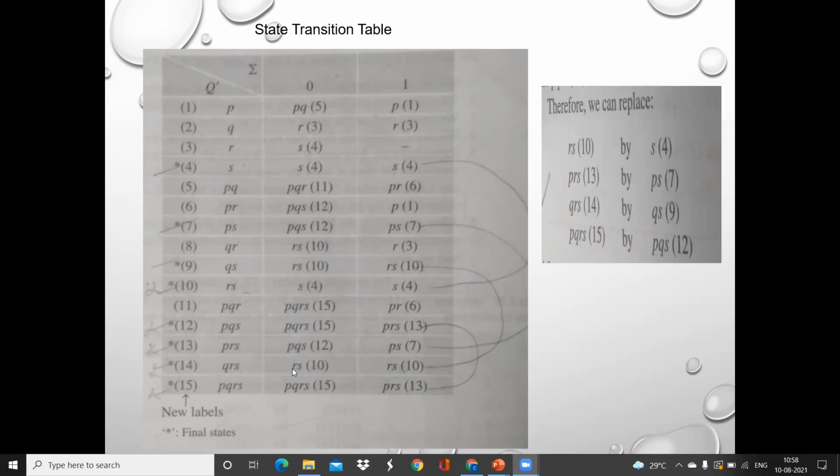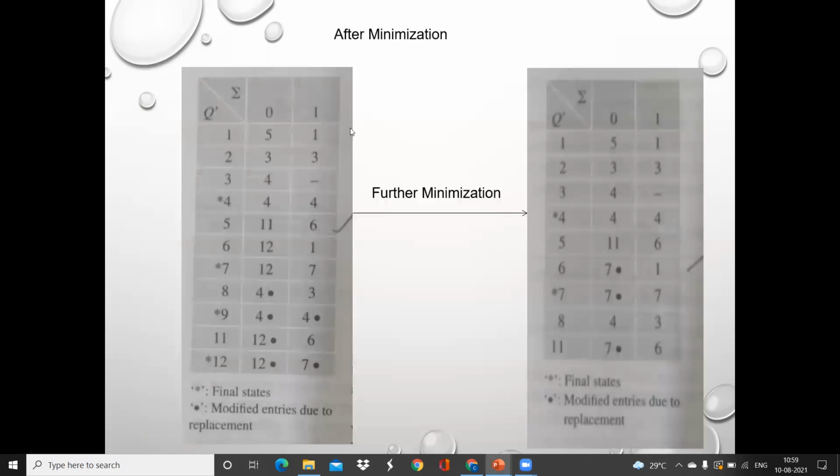Again here we have RS, which gets replaced by S, and in parenthesis you will have 4. Similarly, the same thing will be done for all the remaining states.